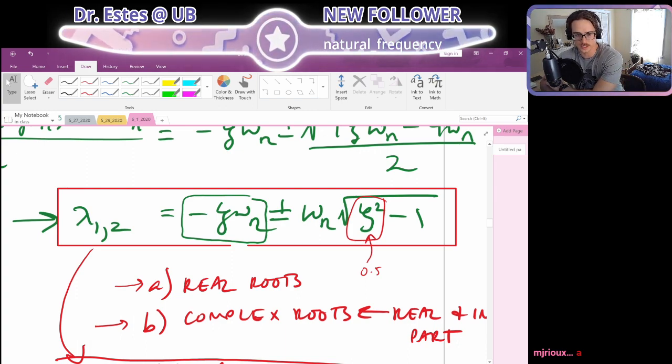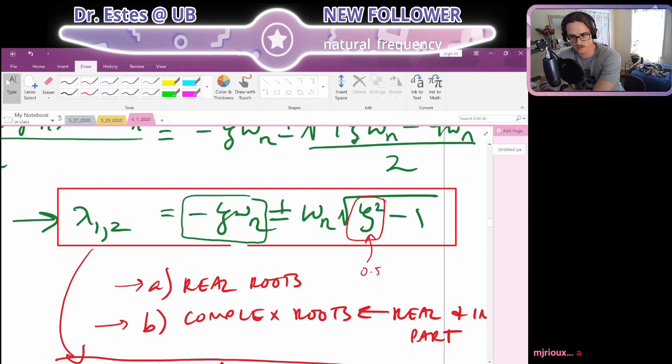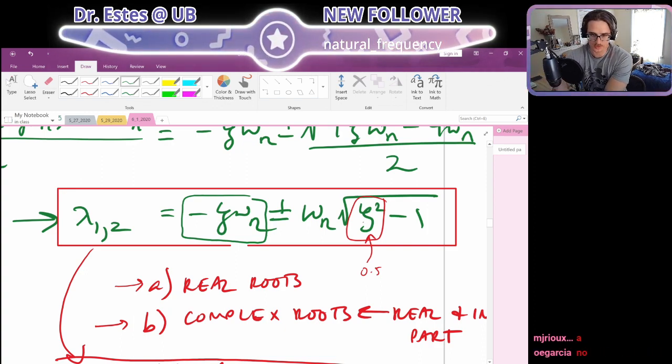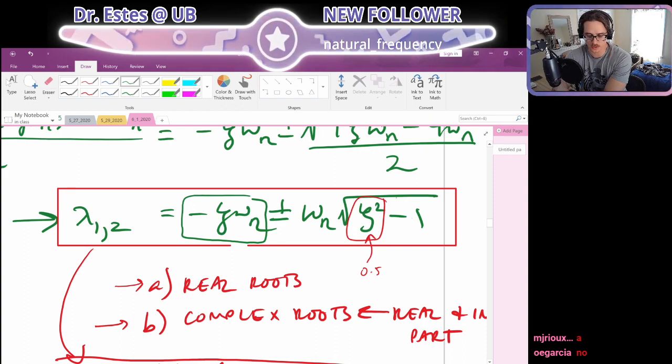But do you get two different real numbers? Yes or no? No. If zeta is equal to 1, then I have 1 squared minus 1, so I have the square root of 0 here.